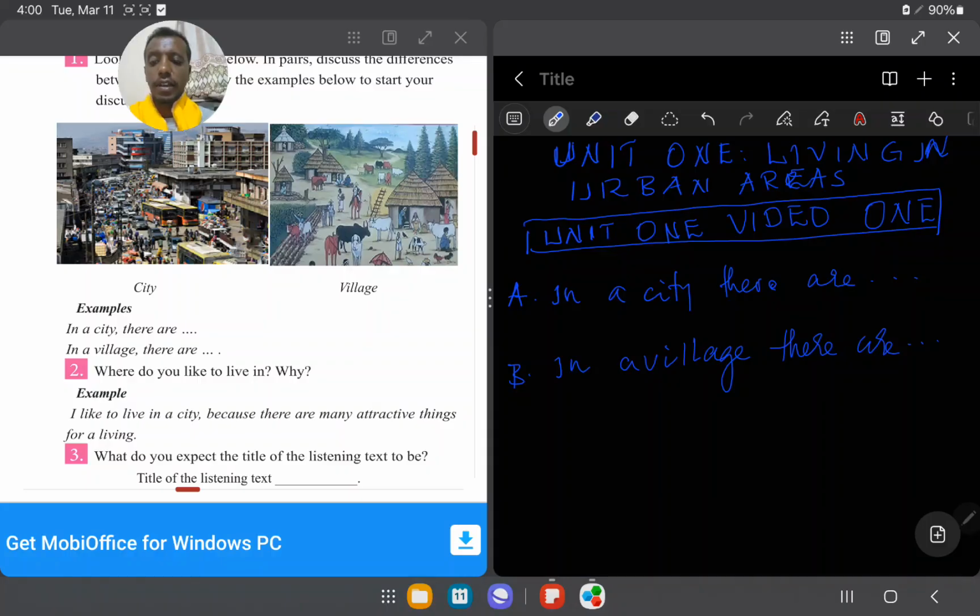It is rightly said. Now I'm reading the listening text. Listen to me attentively. It is rightly said that God made the country and human beings made the town.